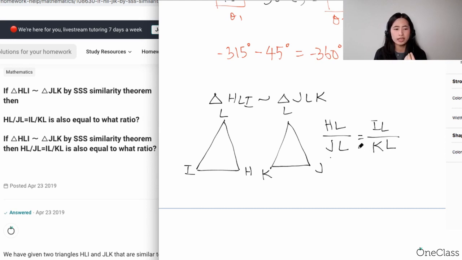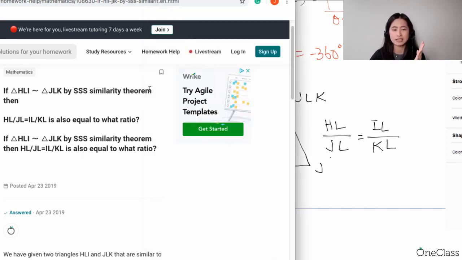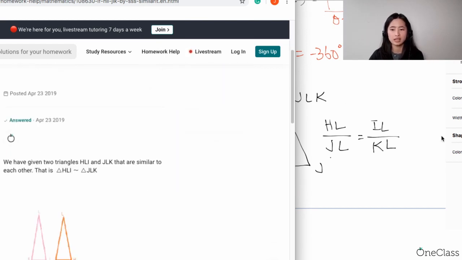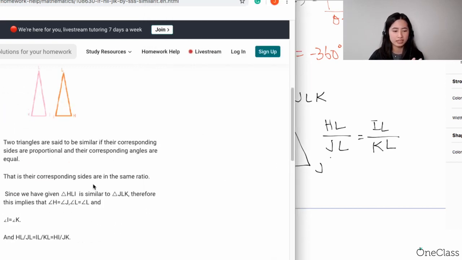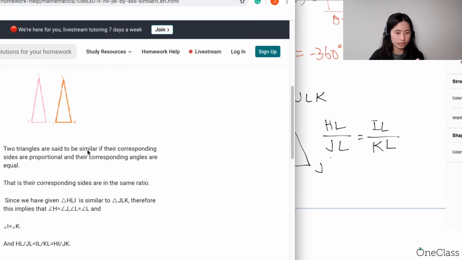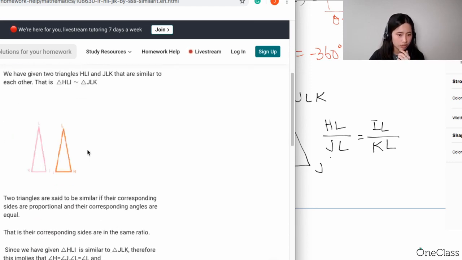Okay, so this is going to be equal to what ratio? Because it's the SSS theorem, you're saying that all three sides of your triangle are proportional. That's why they need to come up with, let's see what they wrote.